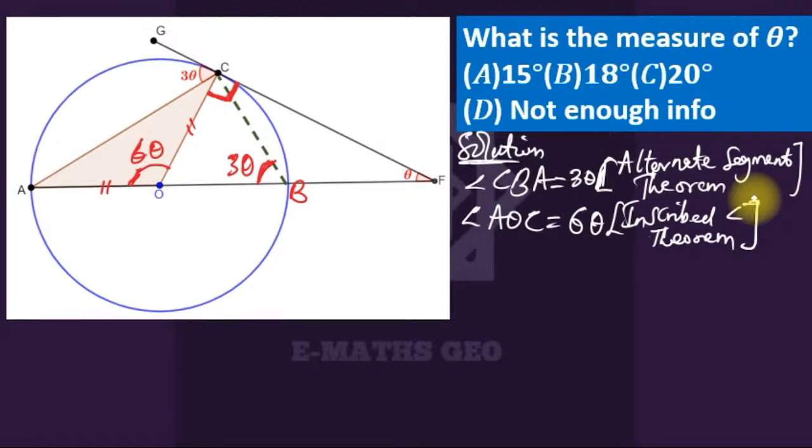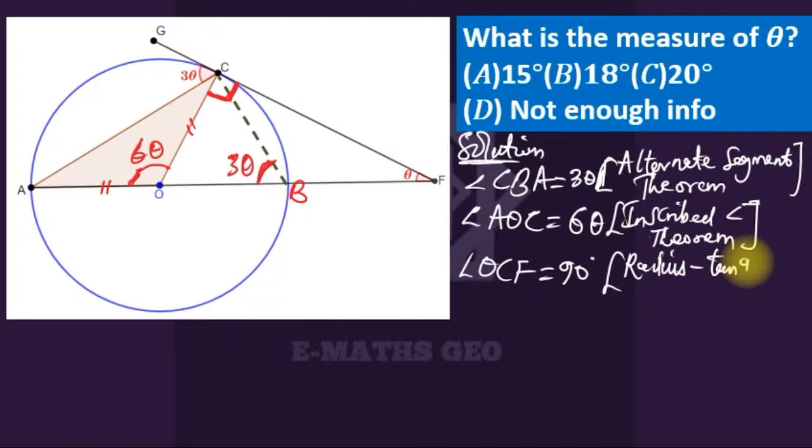And angle OCF is 90 degrees, by radius-tangent line relationship. So they're always perpendicular, always.